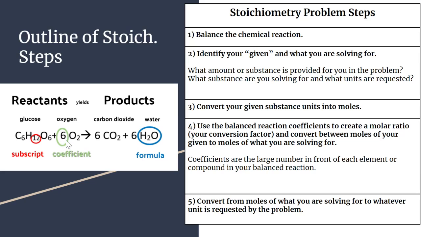This number is really important in stoichiometry, the coefficient. It comes from balancing the equation, and the coefficient is what's going to allow you to convert between moles of two different substances. So follow these steps when you do each problem. I've also put the problems in a framework where these steps are written right there for you.